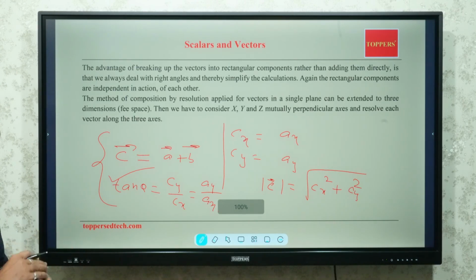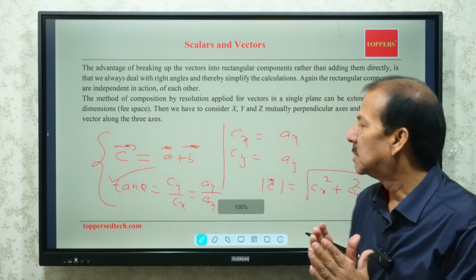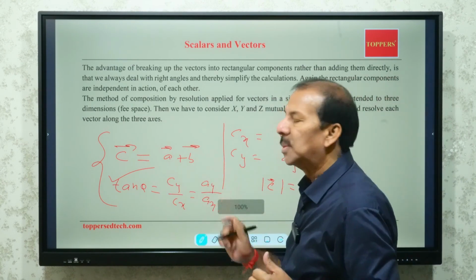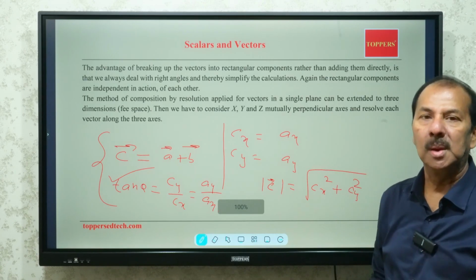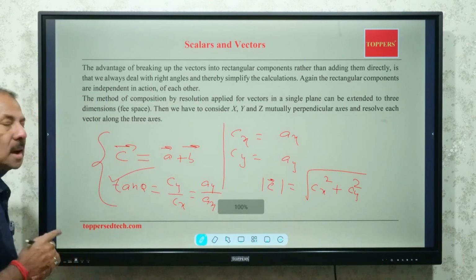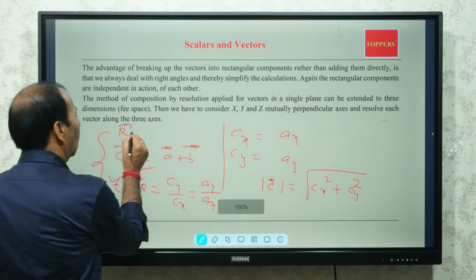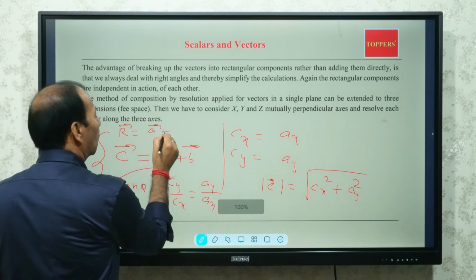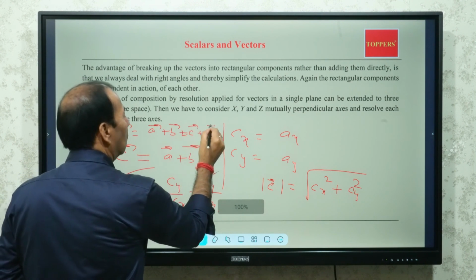Here we have taken only two vectors, vector A and vector B. Suppose there are any number of vectors: vector A, vector B, vector C, vector D, and so on. So the resultant R in general will be equal to vector A plus vector B plus vector C plus vector D, and so on.